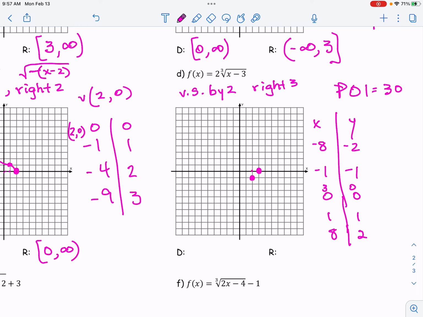Oh, wait. I need to stretch that. So my y will change by 2: -4, -2, 0, 2, and 4. I'm going to go left 1 and down 2. I'm going to go left 8 and down 4.